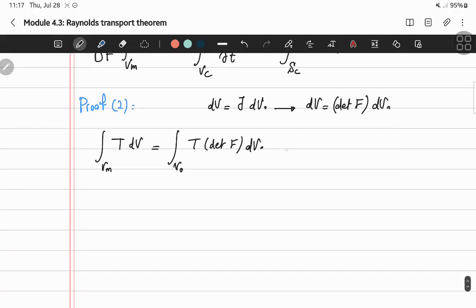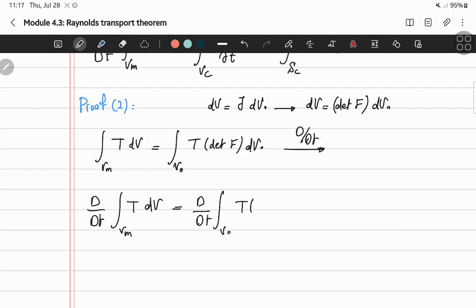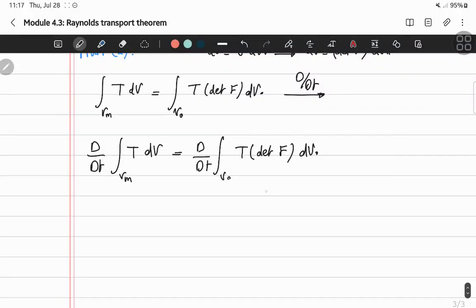And if I apply the material derivative here, I have d/dt of the integral of T dV over Vm, which is equal to d/dt of the integral over V0 of T times the determinant of F dV0. And remember, since we are in the reference configuration, we are able to take this material derivative inside the integral.